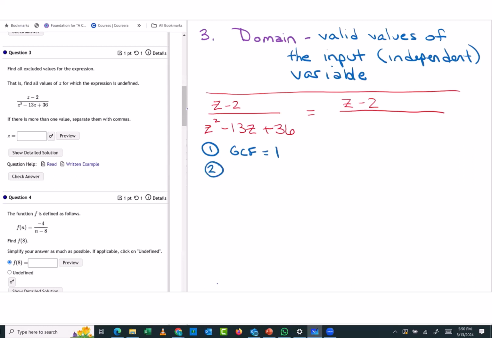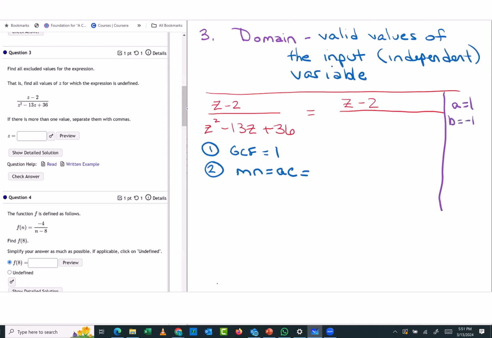Step 2, I want to find two numbers. I'll call them m and n, and that has to equal a times c. And my a is 1. A equals 1.